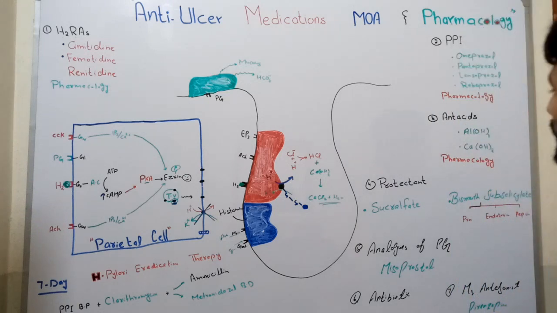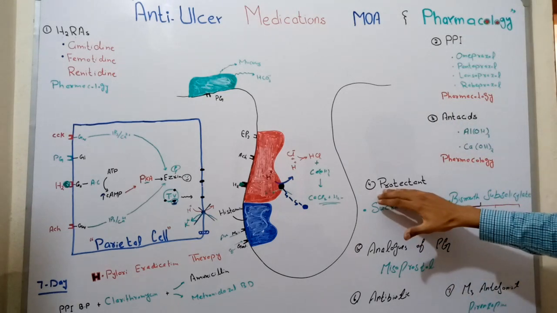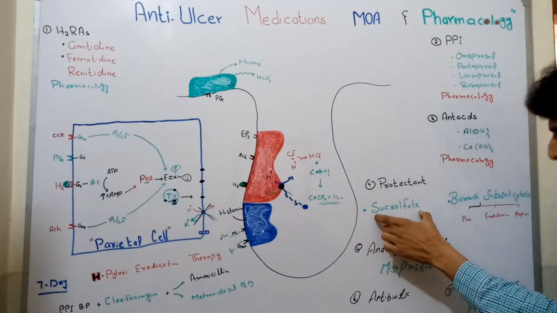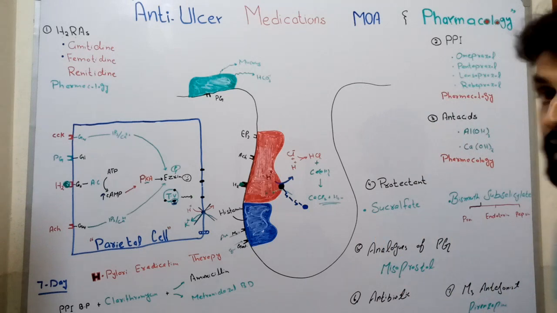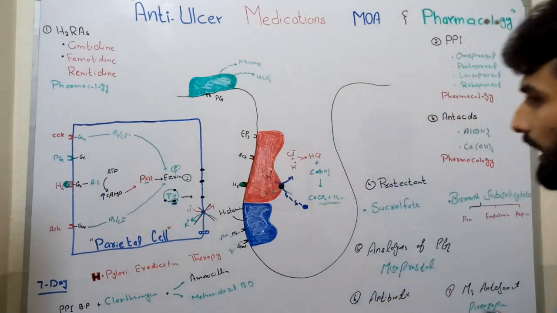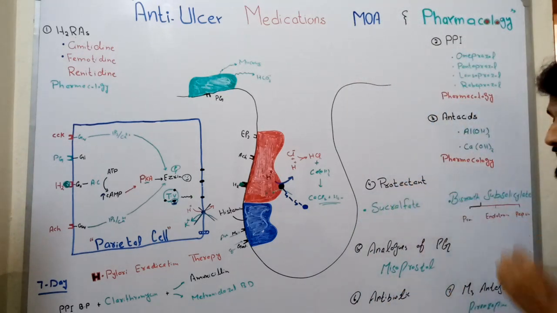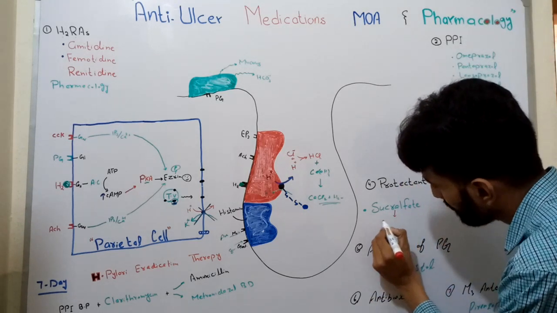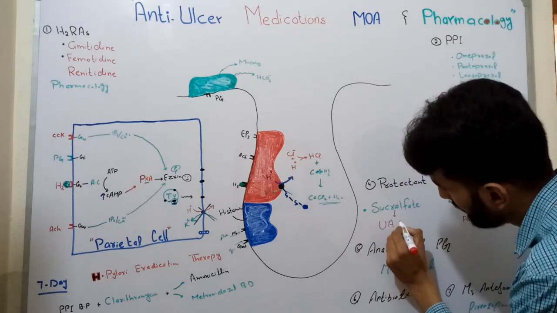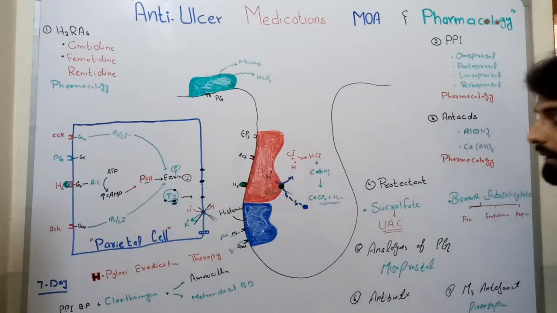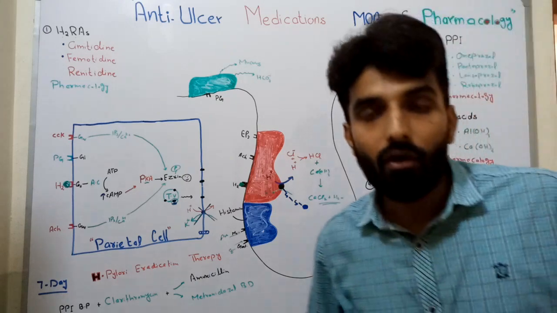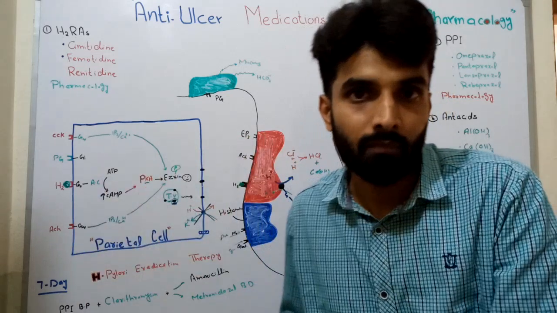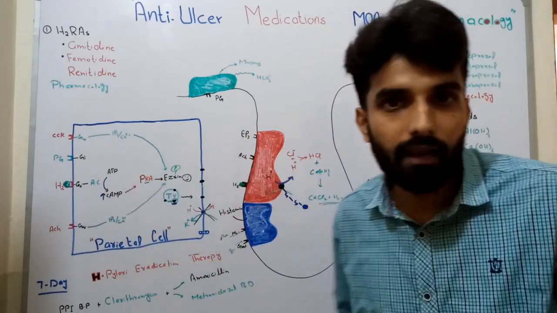Okay. Now let's talk about the other class of drug, that is protectants. Here are the examples: sucralfate and bismuth subsalicylate. Sucralfate basically makes an ulcer adherent complex with the exudate of the ulcer, the site on which the ulcer has taken place.